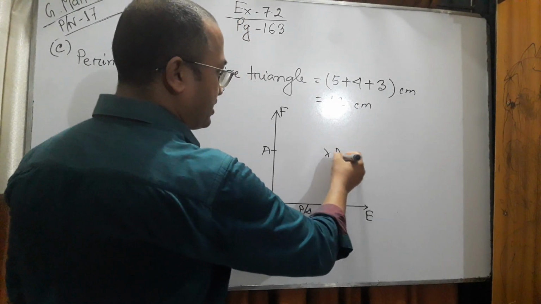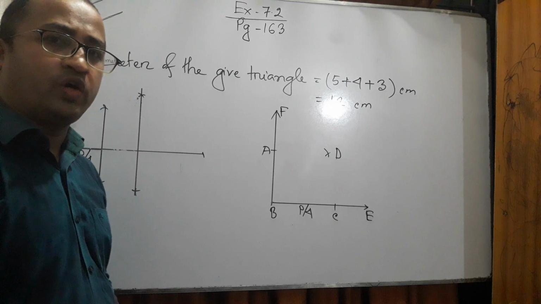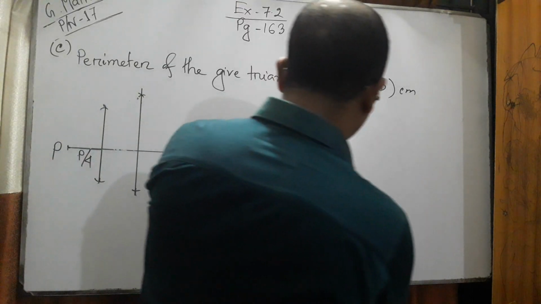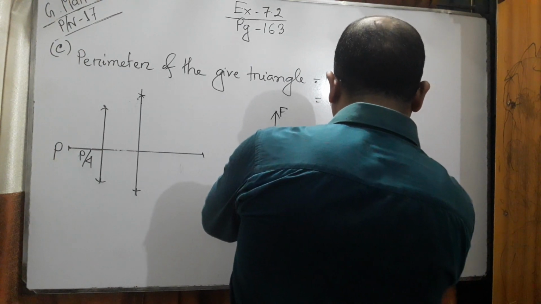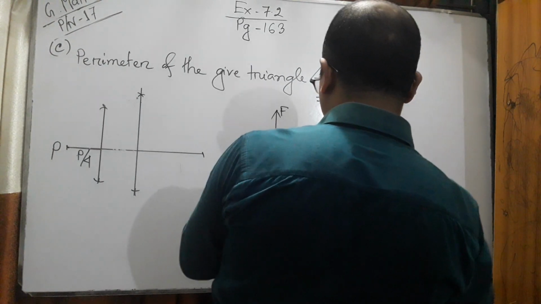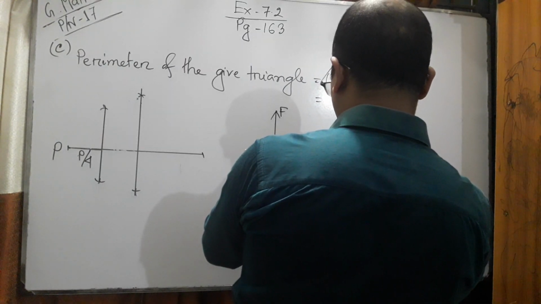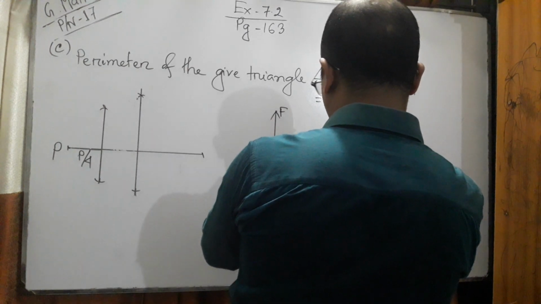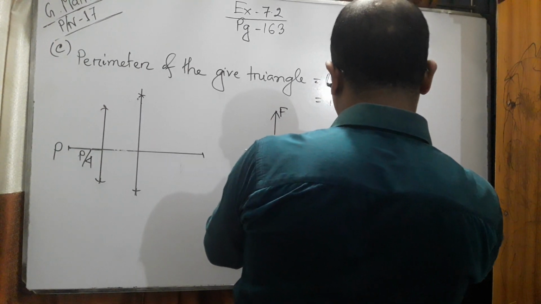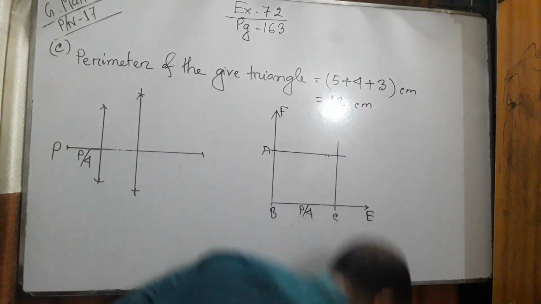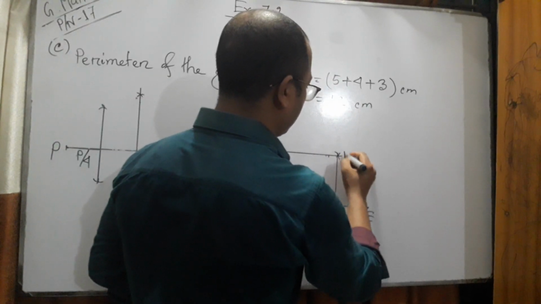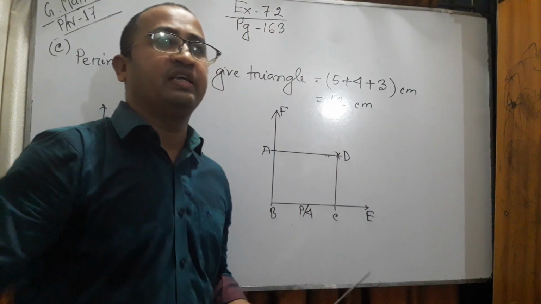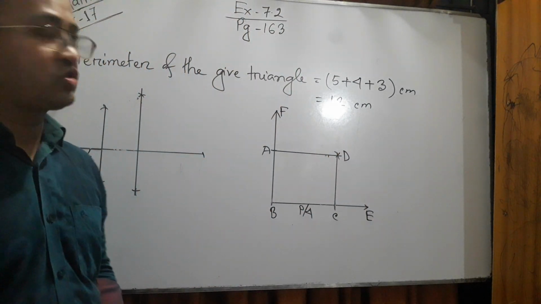We cut the previous arc at D. Now join CD. So look, ABCD is our required square.